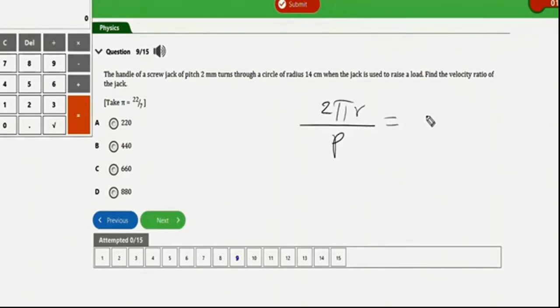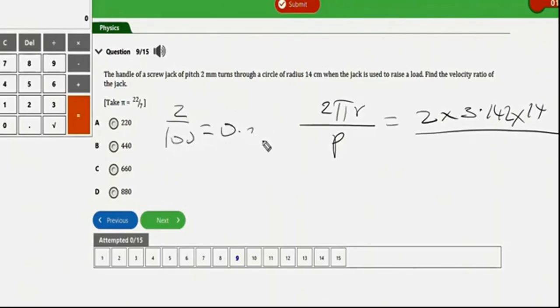So it will give us 2 times pi, where pi is 22 over 7, which is equivalent to 3.142, times the radius, which is 14 cm, over the pitch. The pitch is in millimeters, so convert it to cm: 2 over 10, which gives you 0.2 cm. So divide it by 0.2.